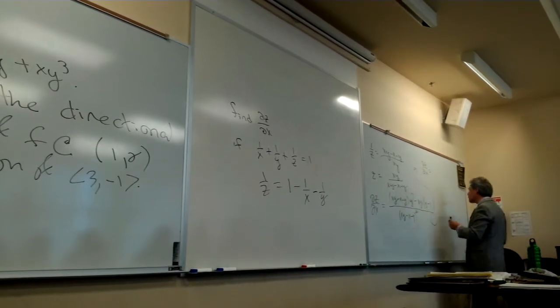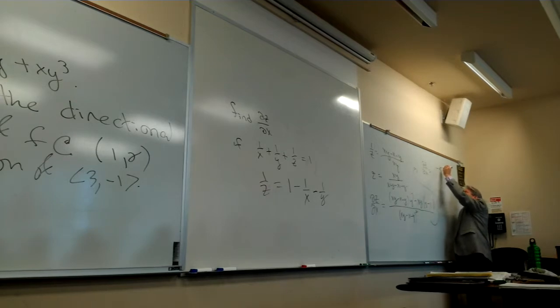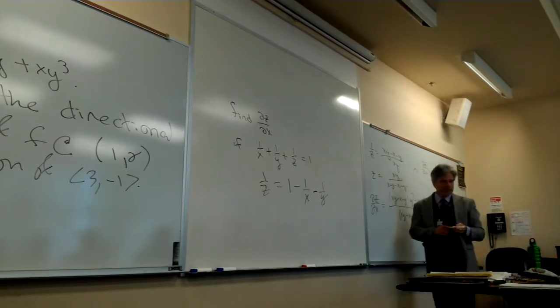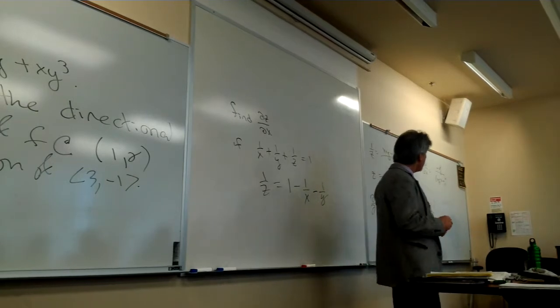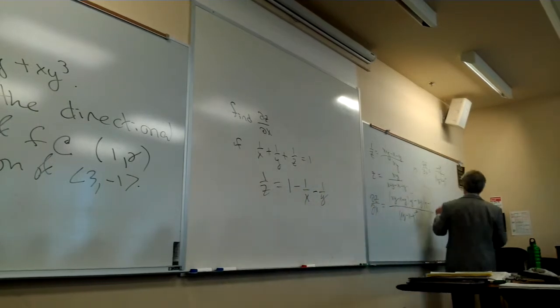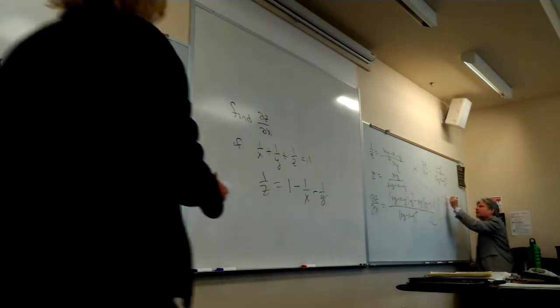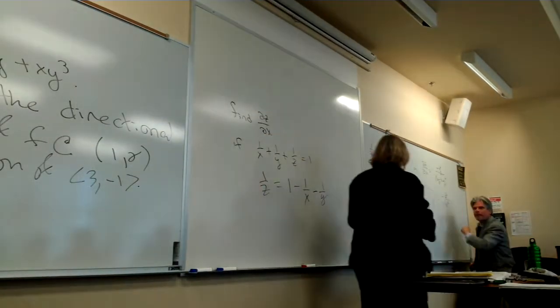Am I not merely left with a negative y squared? It's negative y squared. You tell me if I made a mistake. Is that your final answer? What did he write as his answer? Negative z squared over x squared.